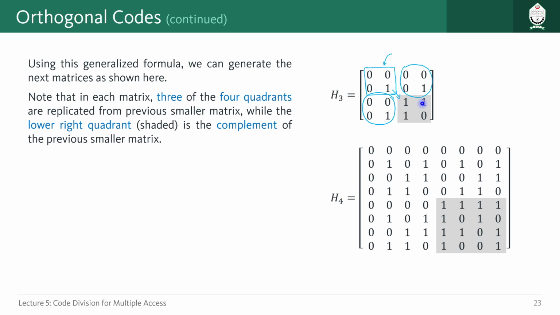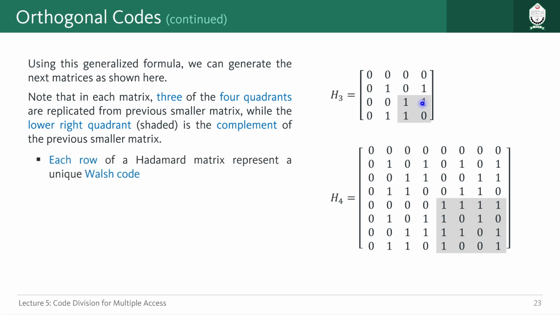Now, how are we getting the orthogonal codes from this one? We know we need to find out the Walsh codes, right? And basically each row of this Hadamard matrix represents a unique Walsh code. So you see for this one, the fourth member of the Hadamard family, each of the rows from this matrix is basically representing a Walsh code.